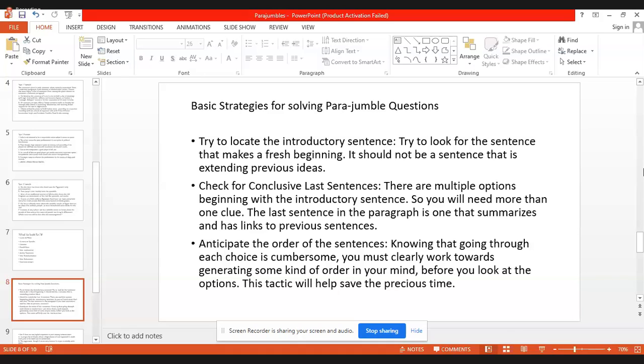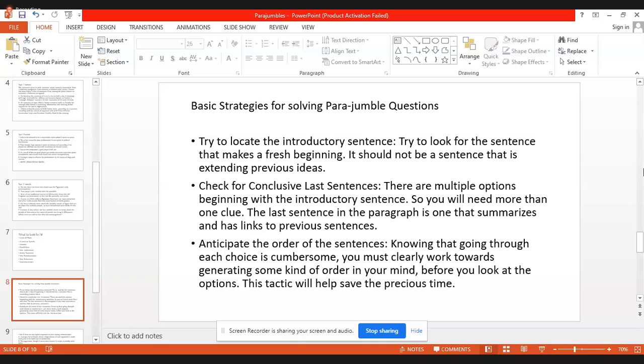So the opening sentence, students, is something that either lays the context, it will tell you why we are discussing this topic, right? Or it would introduce some important concept that all the other sentences would further talk about.